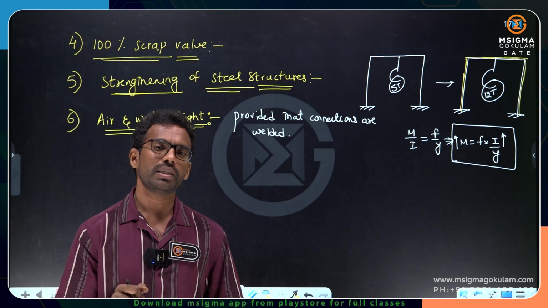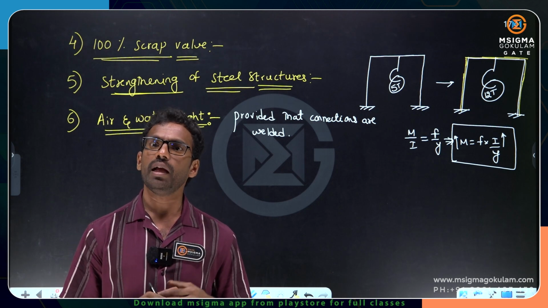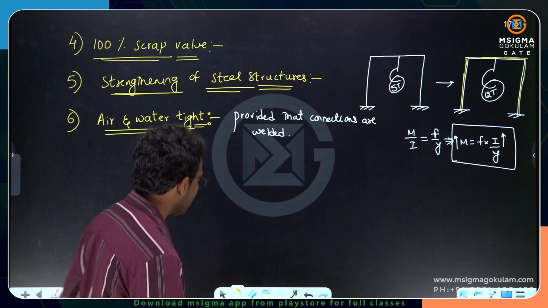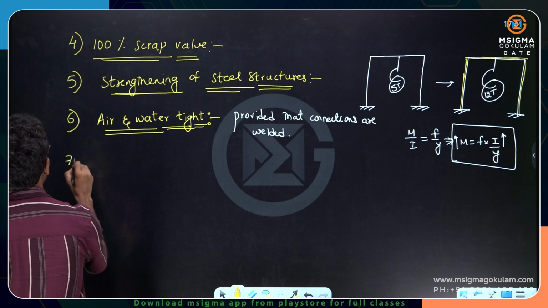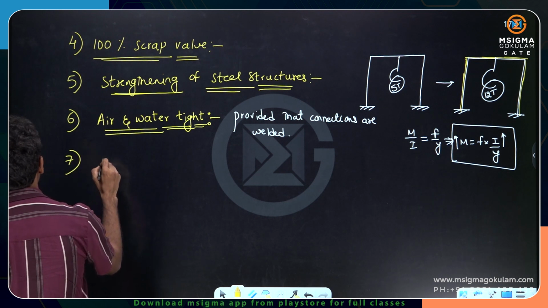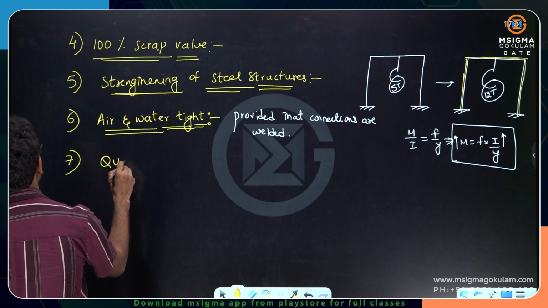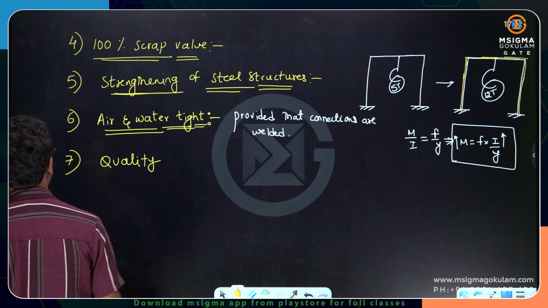Apart from initial cost, everything is an advantage in the case of steel structures. And we can have good quality. Another advantage is that steel is homogeneous, isotropic and of assured quality. We can have good quality and assurance in steel structures.